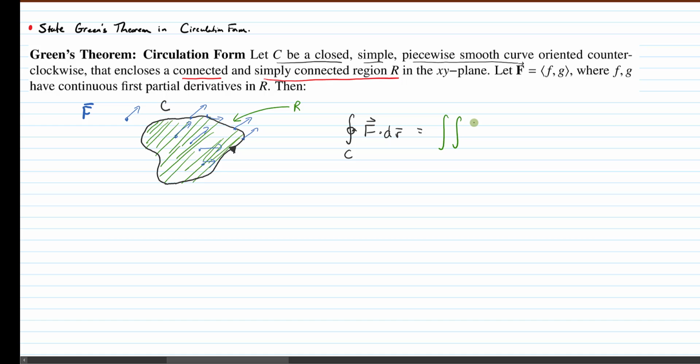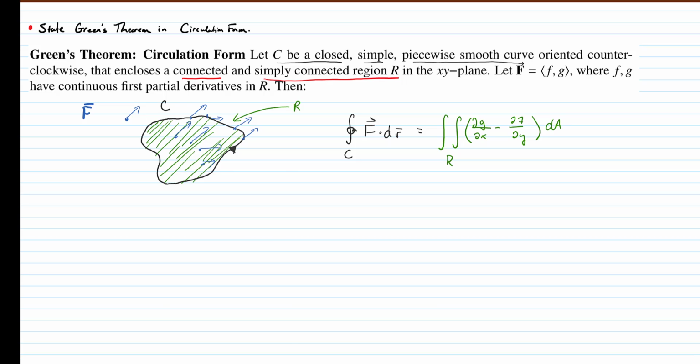That's the 2D curl we denoted as partial g, partial x, minus partial f, partial y, and we're going to sum that up over the entire area of that region.